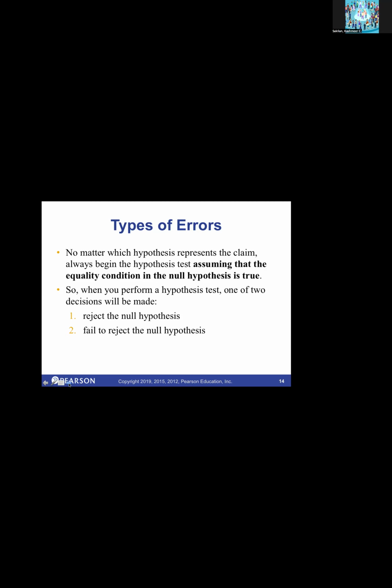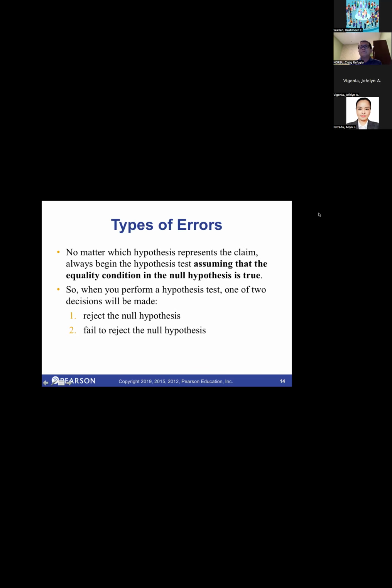Number two can also be stated as accept the null hypothesis, but in the statistical process, we normally say fail to reject the null hypothesis instead of accept the null hypothesis. The right term in statistics is fail to reject the null hypothesis.